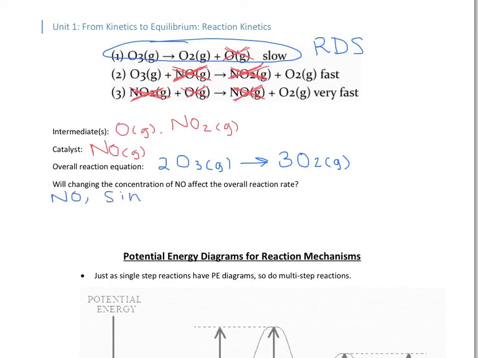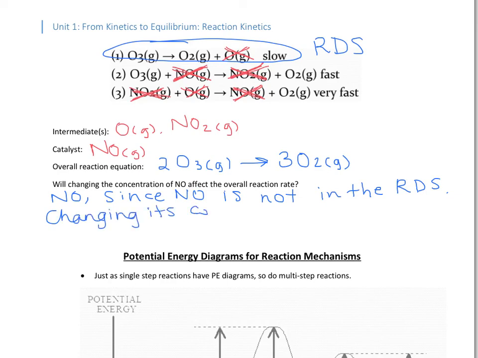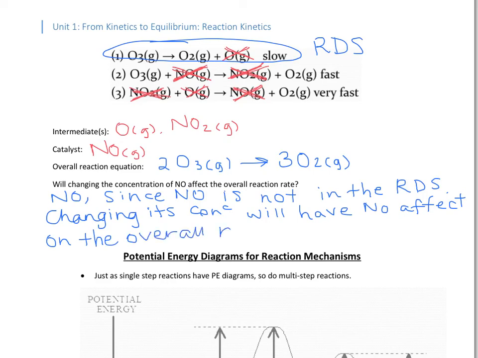So no, since nitrogen monoxide is not in the rate determining step, changing its concentration will have no effect on the overall reaction rate.